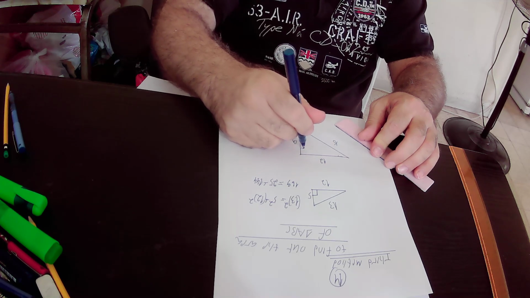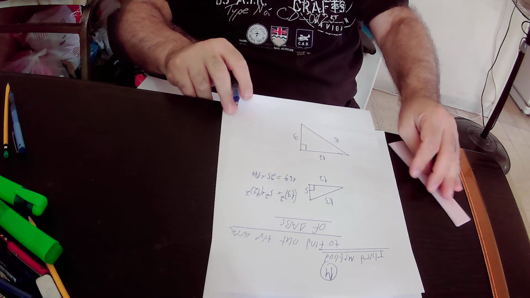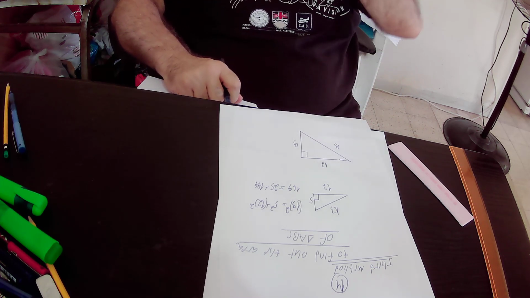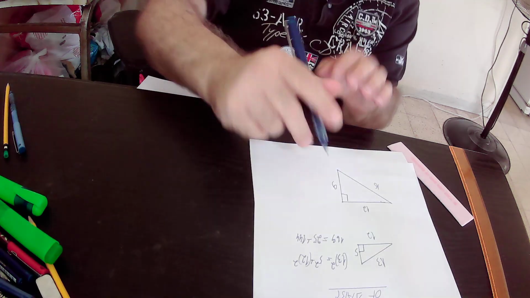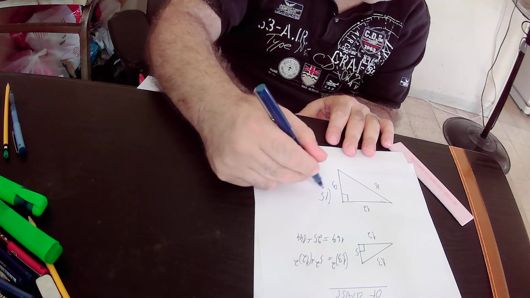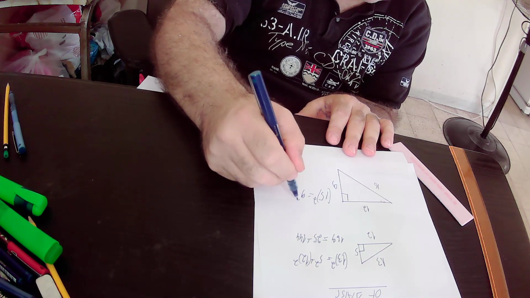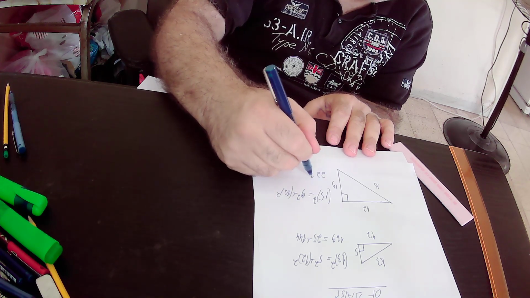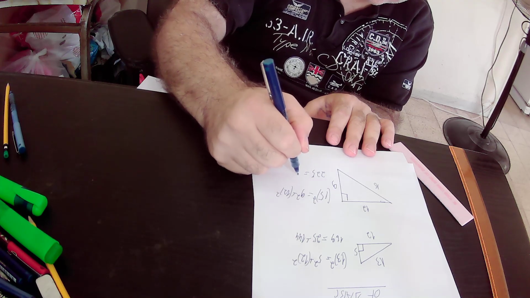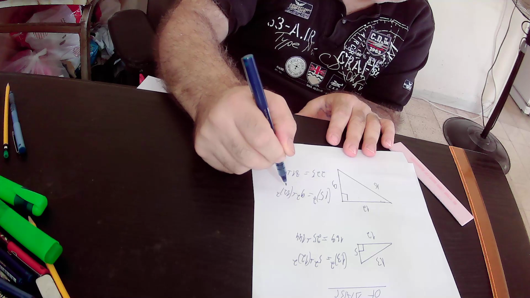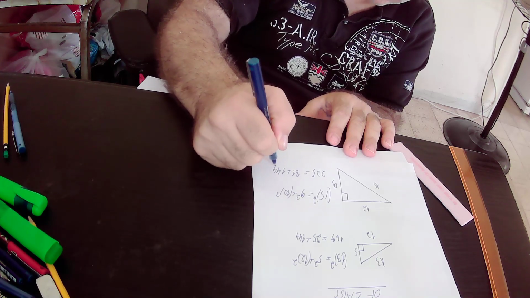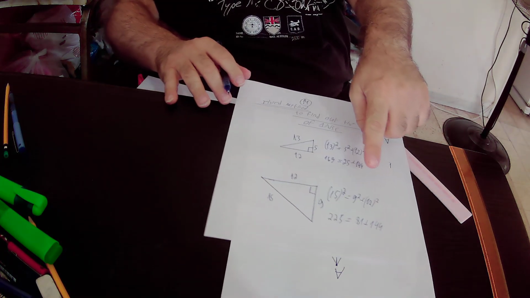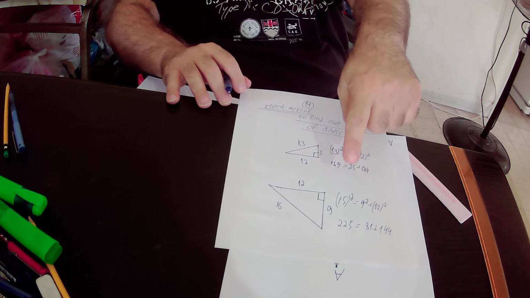And this is a right angle. And again, we will prove that this triangle is indeed a right triangle by checking if 15 squared equals 9 squared plus 12 squared. So 15 squared is 225, 9 squared is 81, plus 12 squared is 144, and indeed 81 plus 144 equals 225.